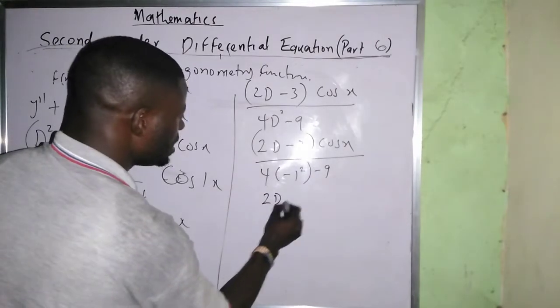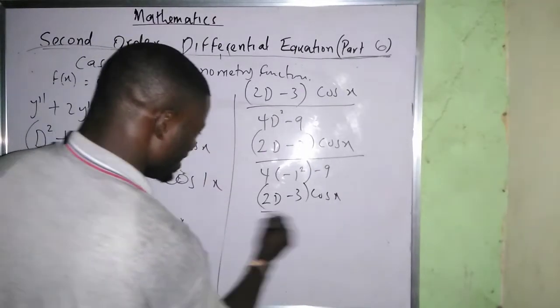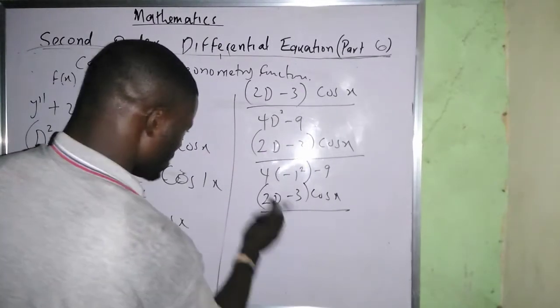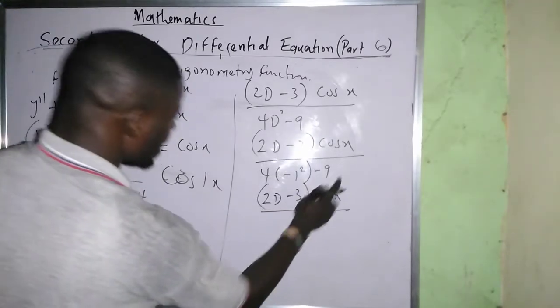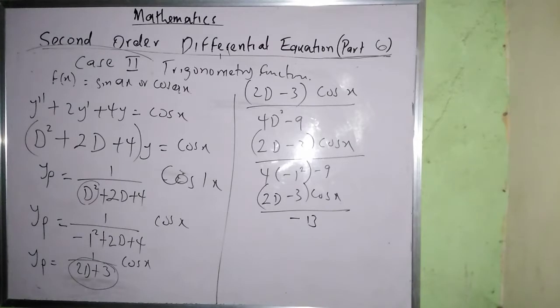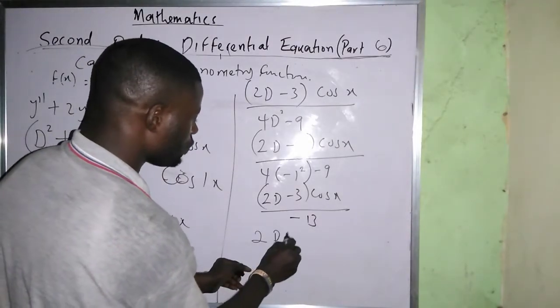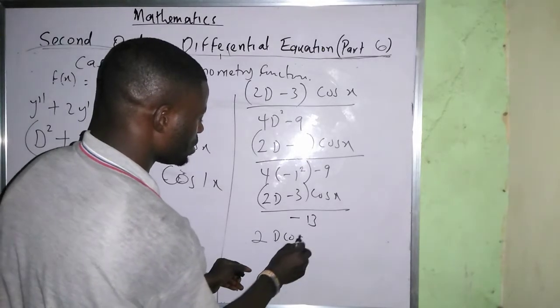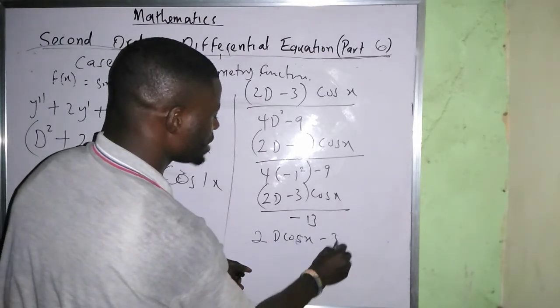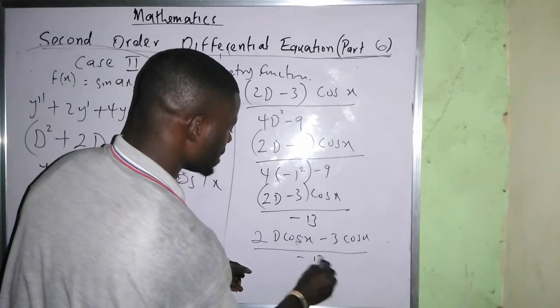Now, 2D minus 3 cos x divided by minus 4 minus 9, which is minus 13. Since I have my minus 13, I will now move on to D of cos x minus 3 cos x, everything divided by minus 13.